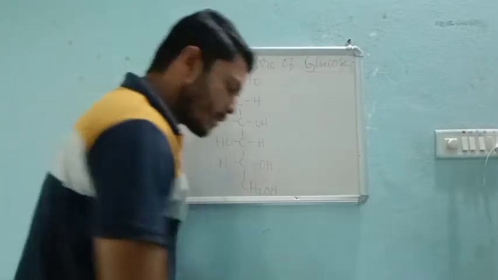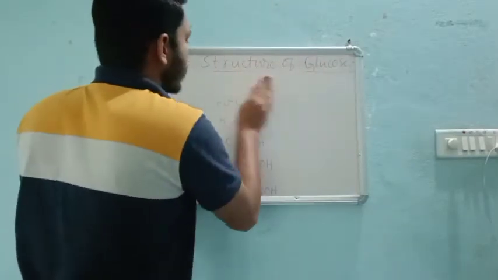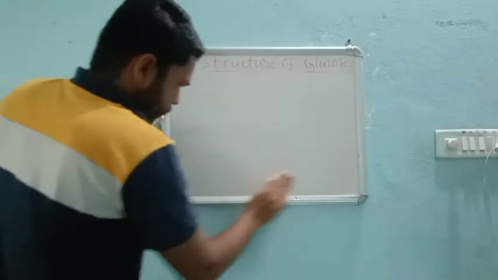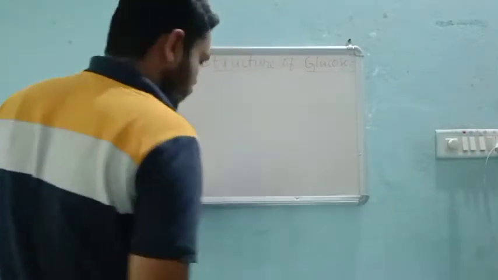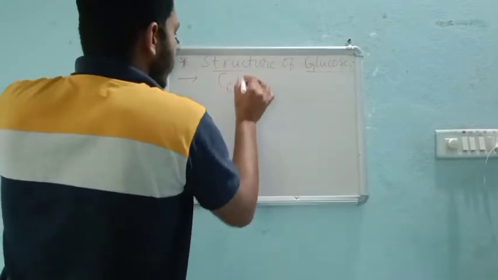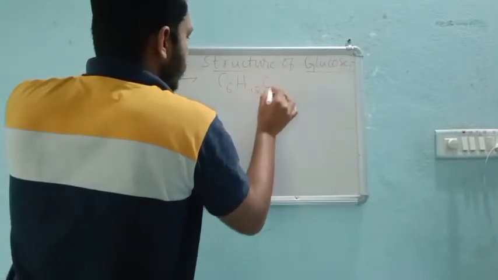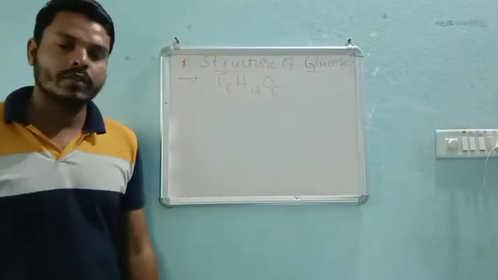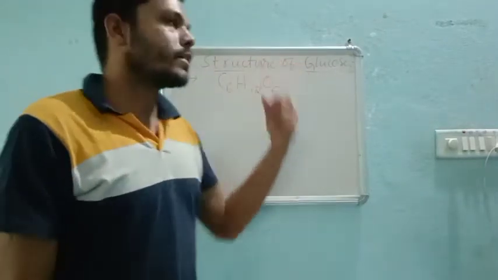So the first point in this is the molecular formula of glucose, which is C6H12O6, right? So this is the first point in the structure of glucose.